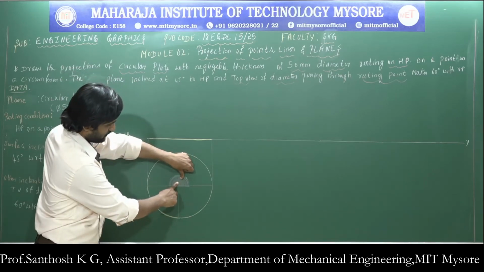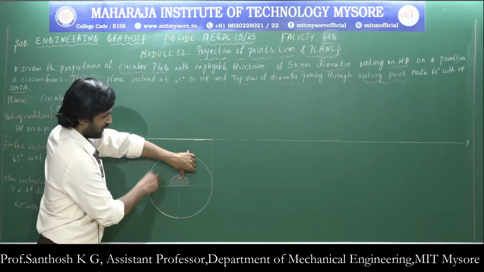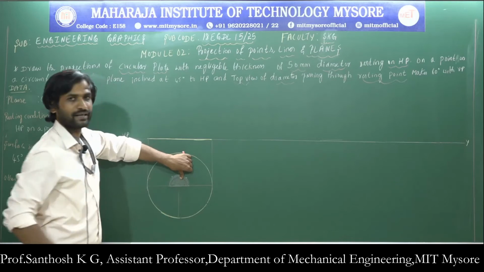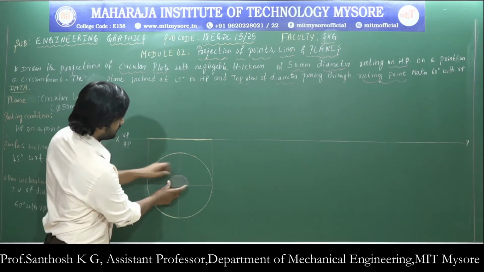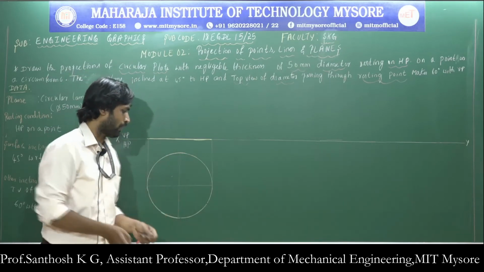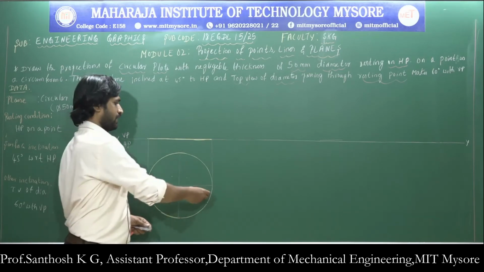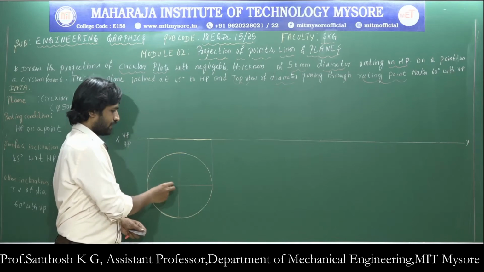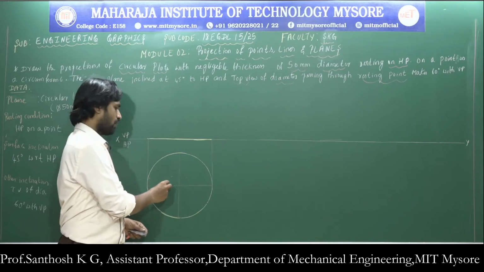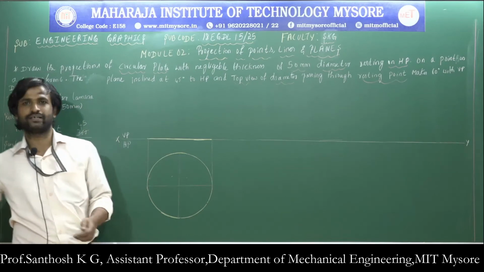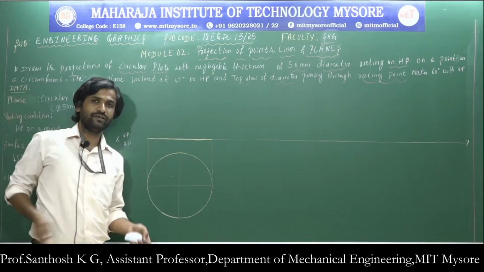Similarly, by taking this 0 as a reference, again I am going to mark a point at an angle of 45 degrees. Thereby I get 2 points, one point at an angle of 45 degrees which is measured in counterclockwise direction, and the other point is also at an angle of 45 degrees with respect to horizontal, but it is measured in clockwise direction.